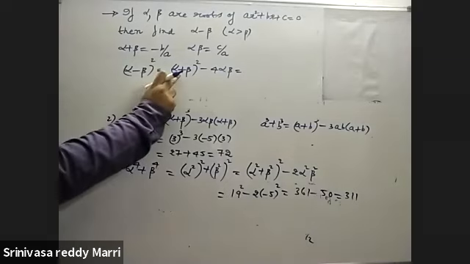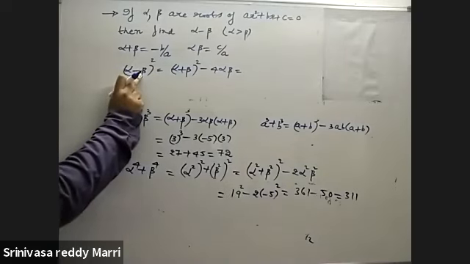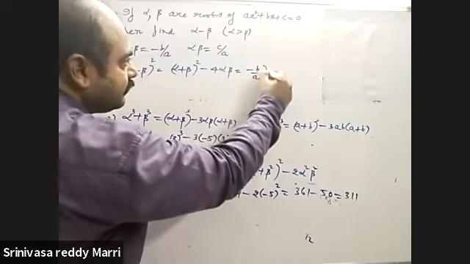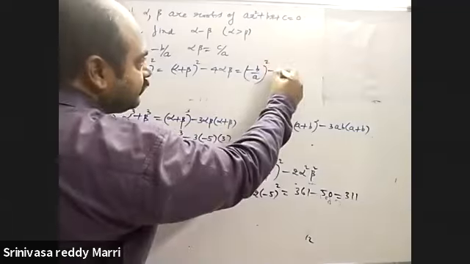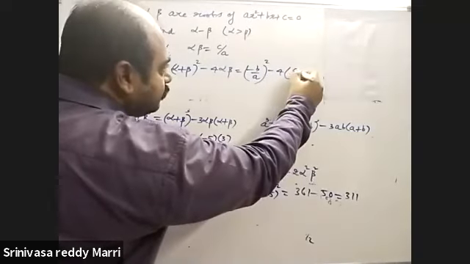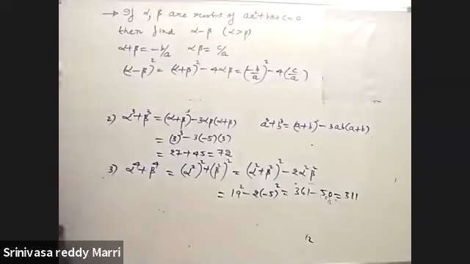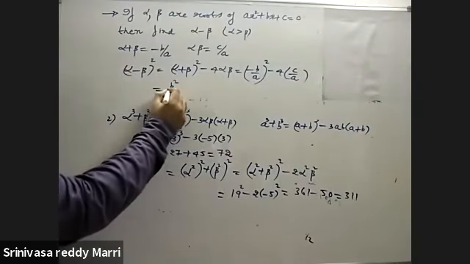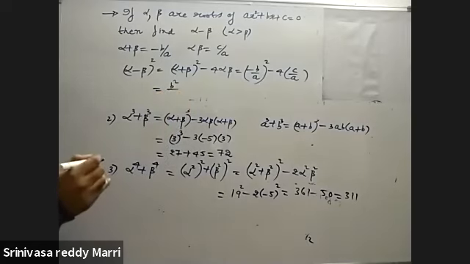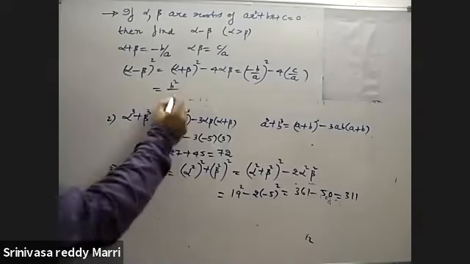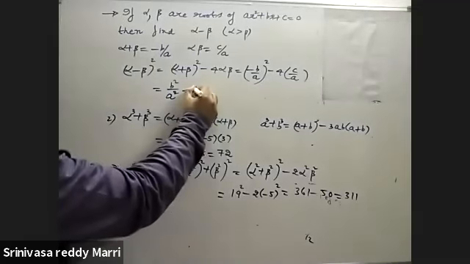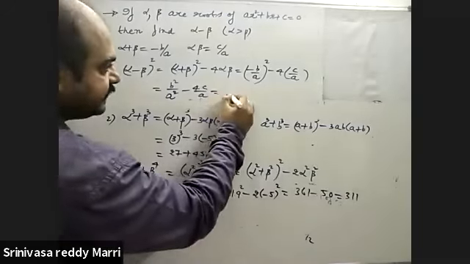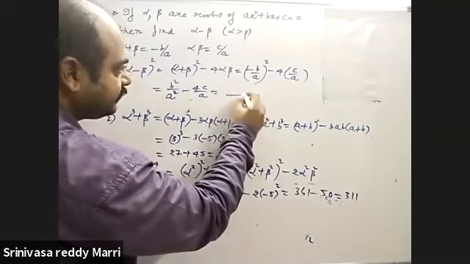That means alpha minus beta whole square is nothing but minus b by a whole square minus 4 into c by a. That means b square by a square minus 4c by a. The LCM is a square.